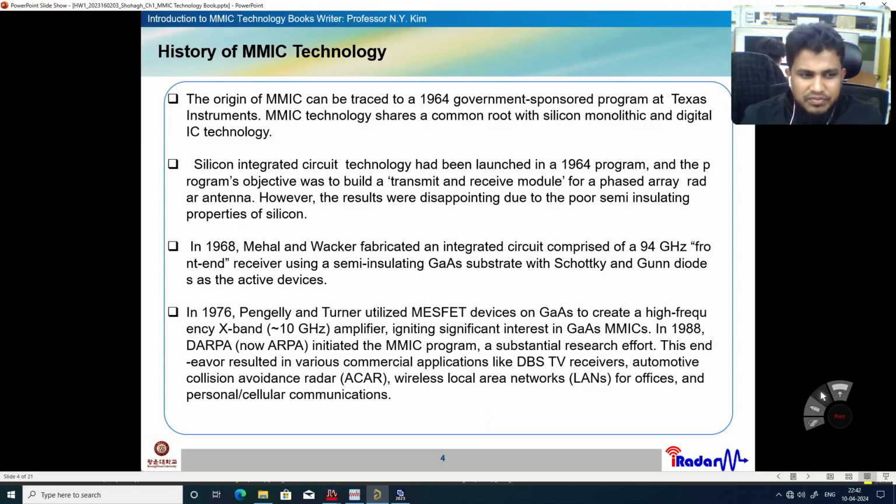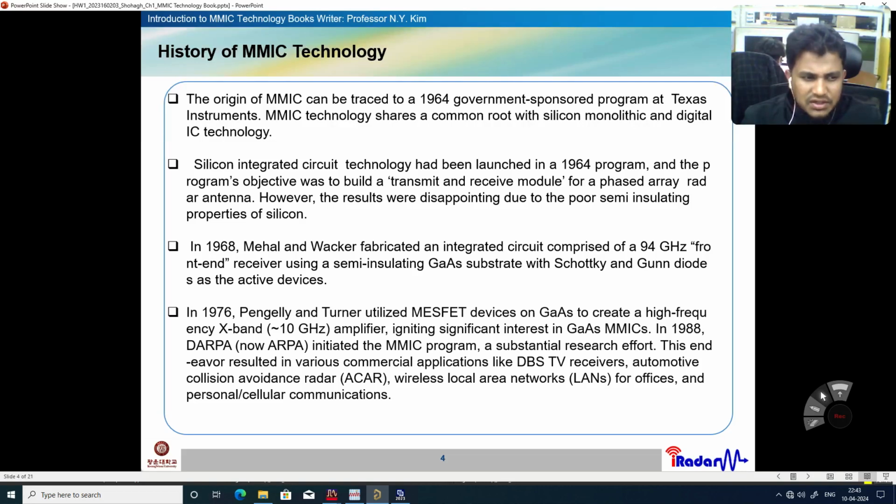In 1976, Pengali and Tuner utilized a MESFET, a metal semiconductor field effect transistor, on gallium arsenide to create a high frequency X band amplifier, around 10 GHz. And in 1988, ARPA initiated the MMIC program as a substantial research effort.